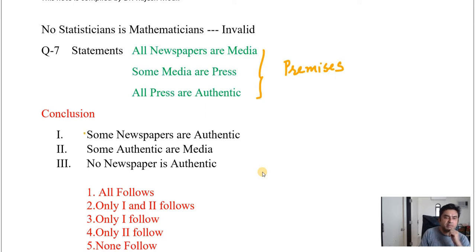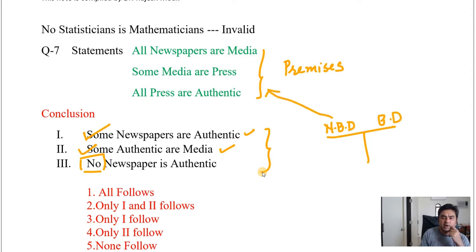Now this is a negative conclusion. So you have to draw two diagrams. One is the non-brain diagram, another one is the brain diagram. For the non-brain diagram we follow our statement, and for the brain diagram we use our imagination, considering all the possibilities.